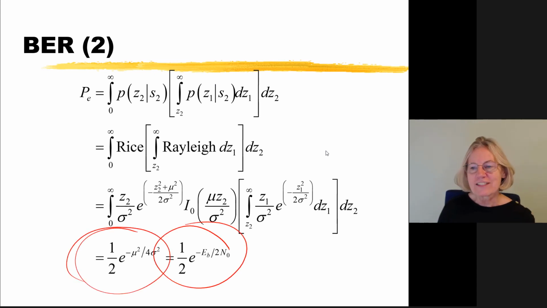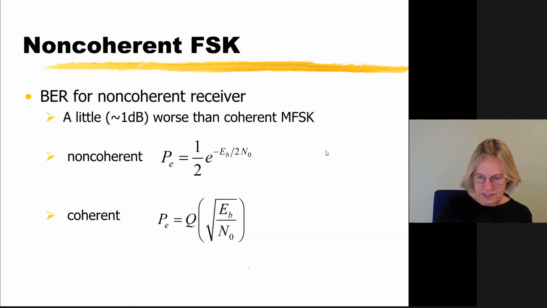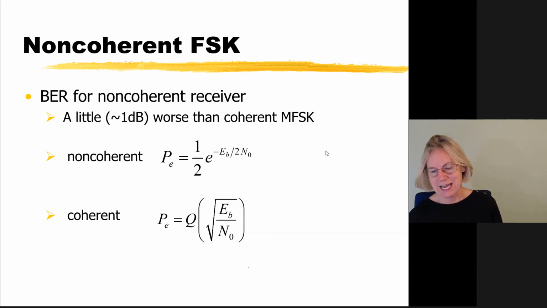And in fact, the probability of error for non-coherent detection is just a decaying exponential. So a very simple form. I won't go through the math, but take my word for it, this is what you come out to. So for non-coherent FSK, we get something very similar to what we saw for DPSK.